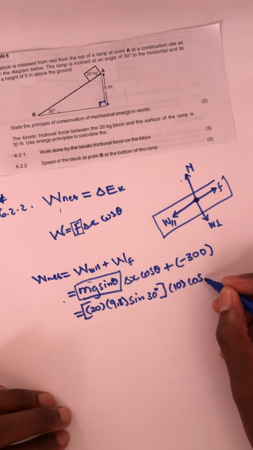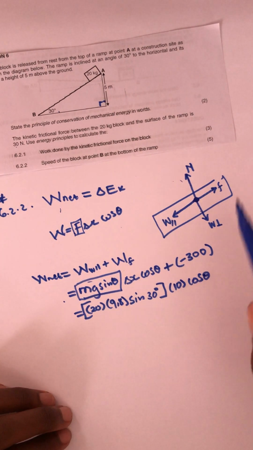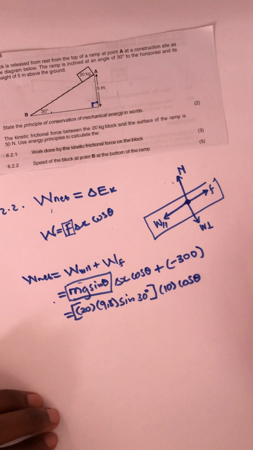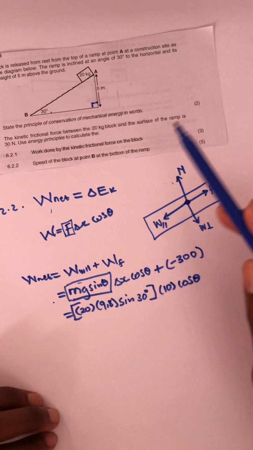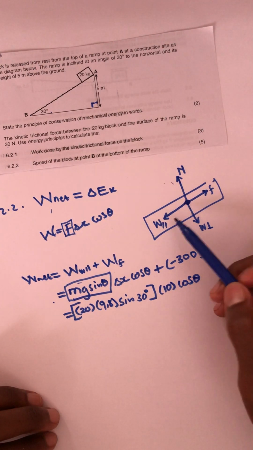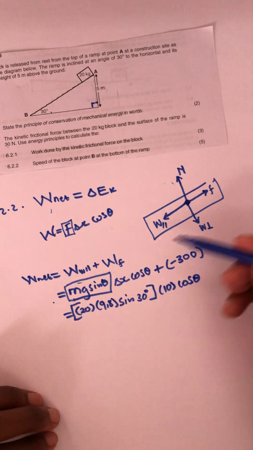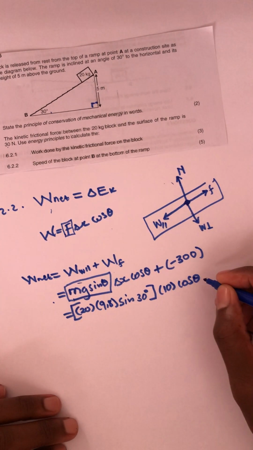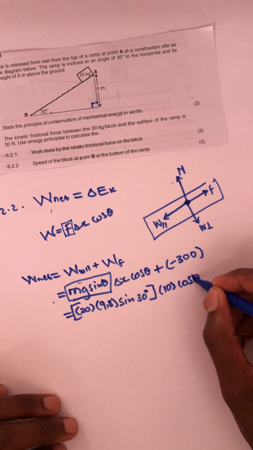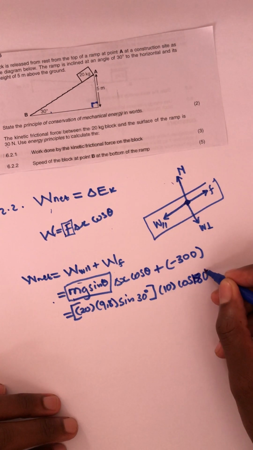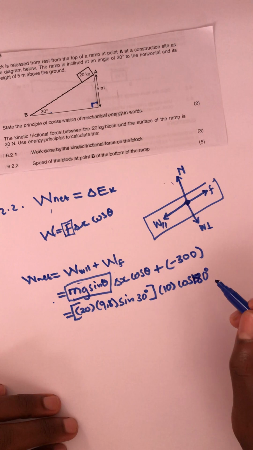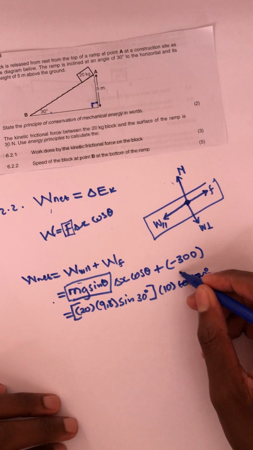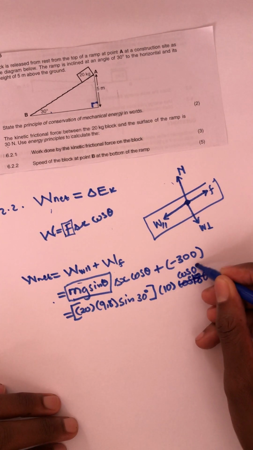Then cos. Let's look at the free body diagram now. The block is sliding down, and the weight parallel is going in the direction of the block. So this should be cos 0.